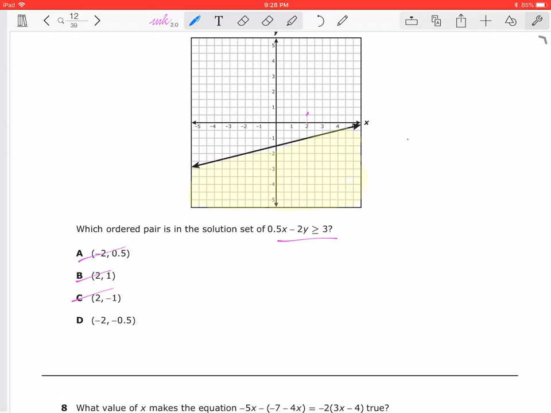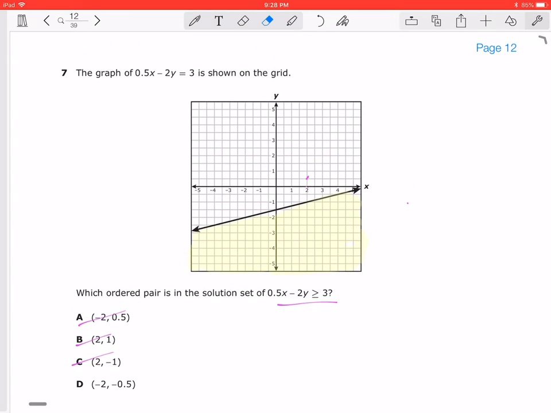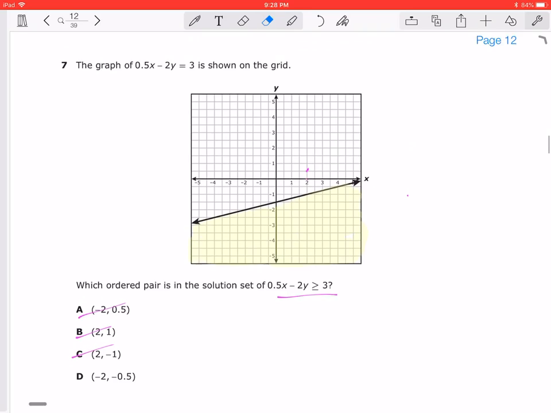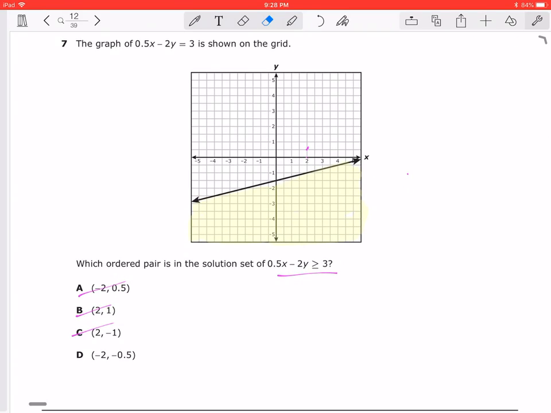Then we have negative 2, and negative, hold on, let's see. We have negative 2, which is over here, and then 0.5, which is there.